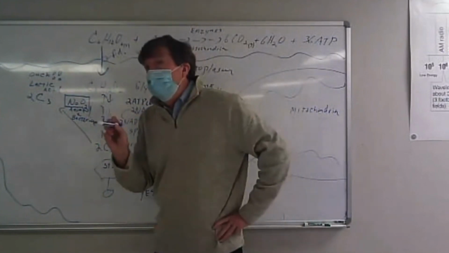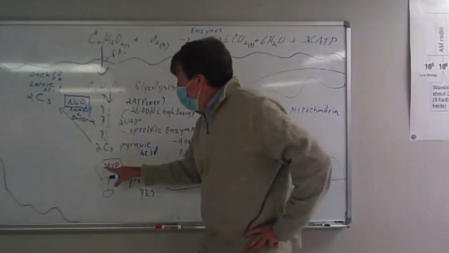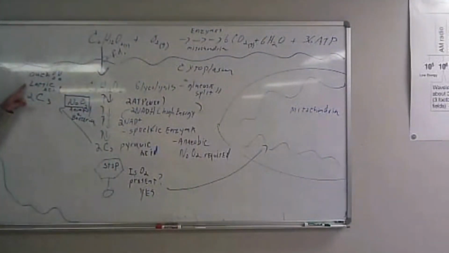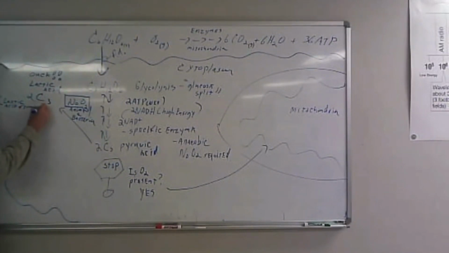What's it called when there's no oxygen present and we're manufacturing lactic acid going from here to here? That's called lactic acid fermentation. So let's write that. Lactic acid fermentation. This fermentation is anaerobic.